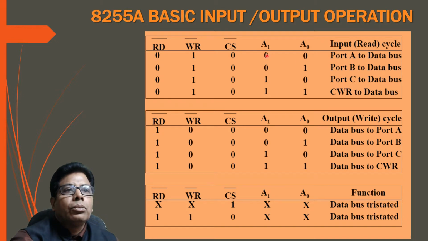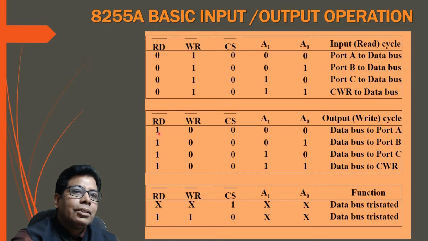Then when A1 and A0 are 0 0, port A to data bus. So here we are reading port A. Then 0 1 we are reading port B. 1 0 we are reading port C, and 1 1 we are reading the control word register. At that time it will be the status signal that is read to the data bus.